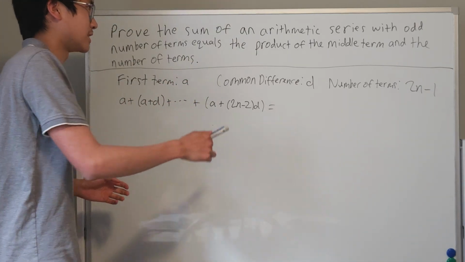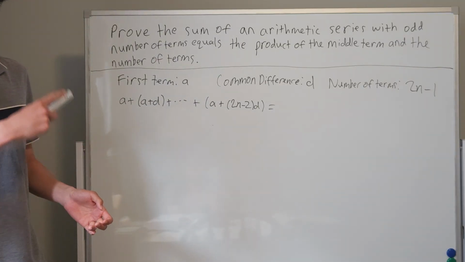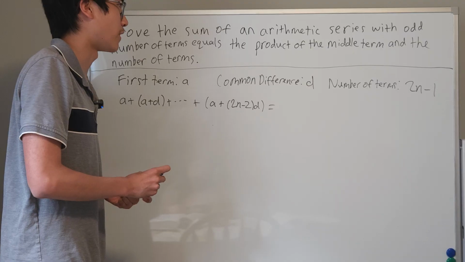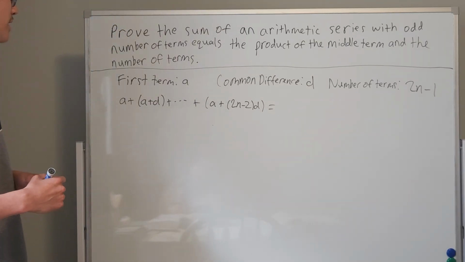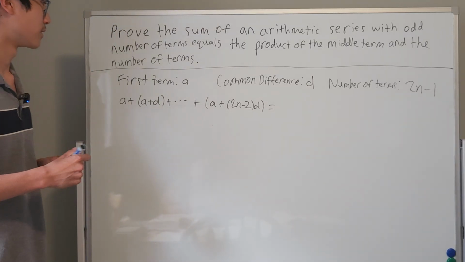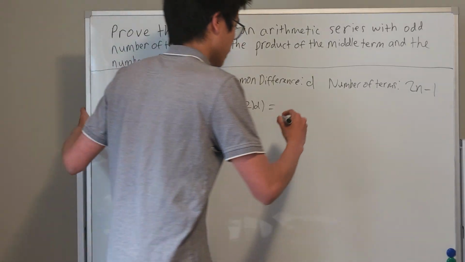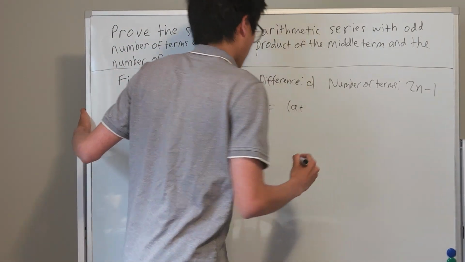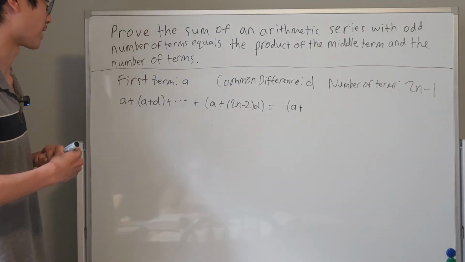All right, we got one side down. Now we want to do the same for the other side. Our task is to find the middle term. So what exactly is the middle term? The middle term is going to be a, however, there will be a common difference that we have to find.